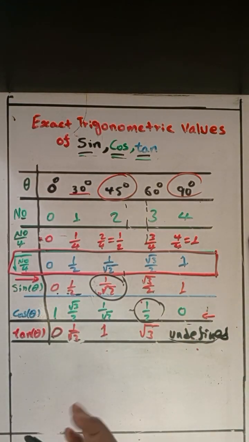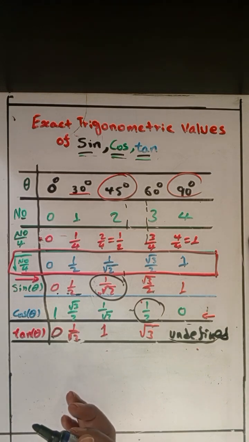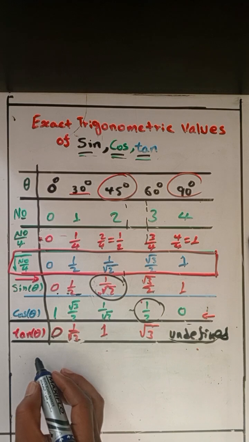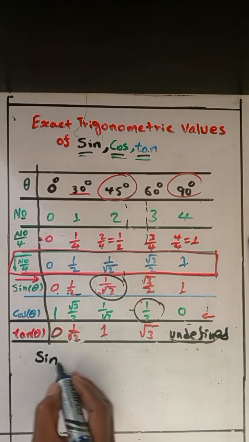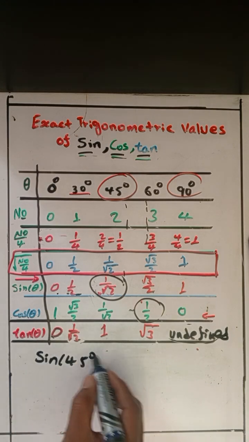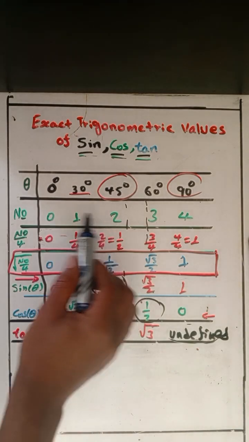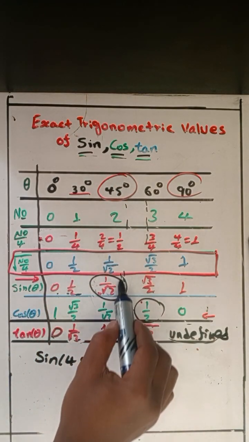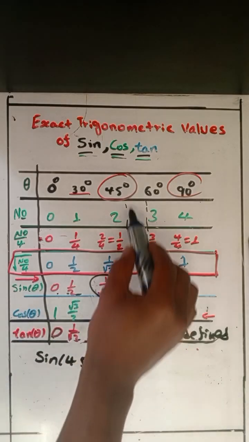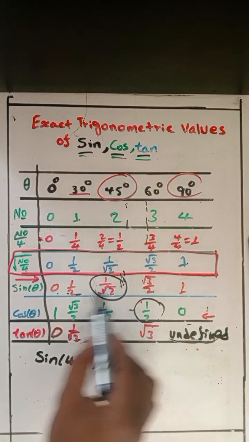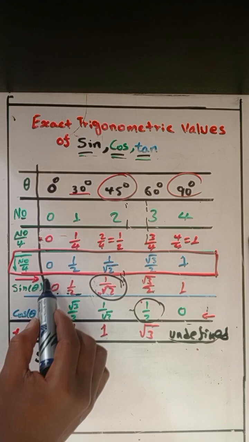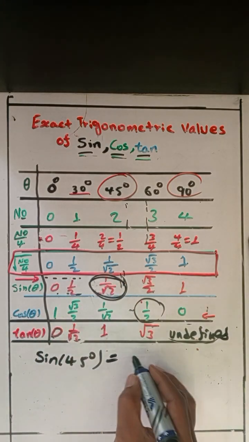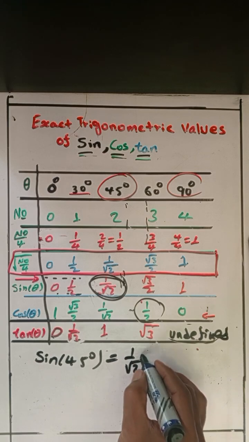Before we end this video, let me show you how to use this table. For instance, if you are asked to find the value of sine 45 degrees, you go to the column with 45 degrees and, from the sine row, we get the value which is equal to 1 over radical 2.